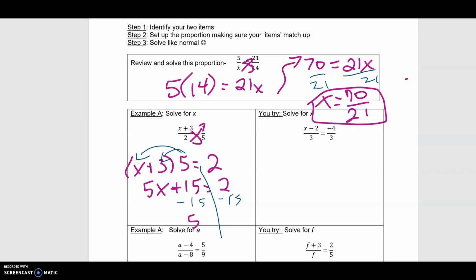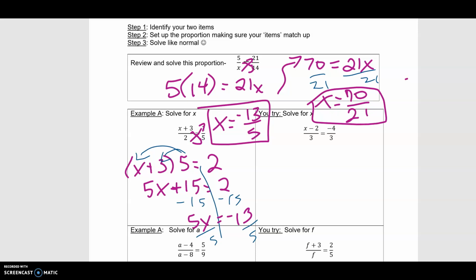So I have 5x is equal to negative 13. Divide both sides by 5. And that gives us x is equal to negative 13 divided by 5. And it's as simple as that.